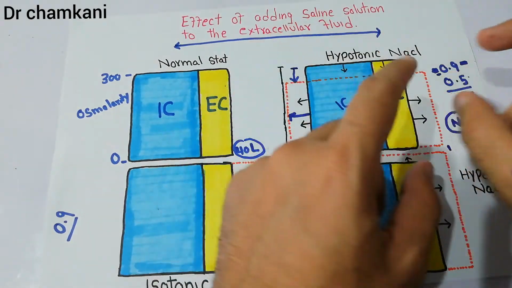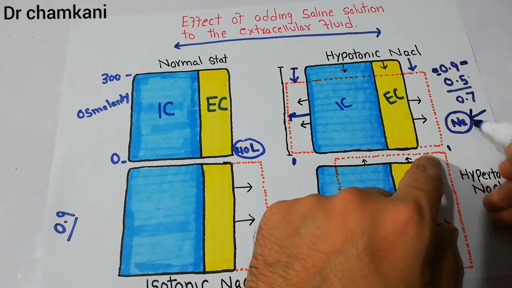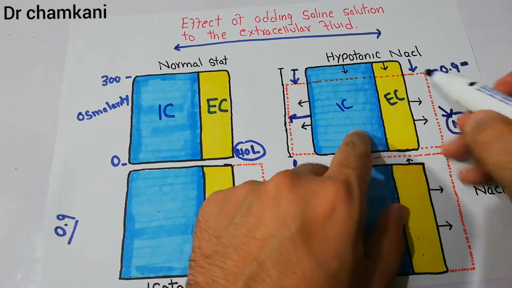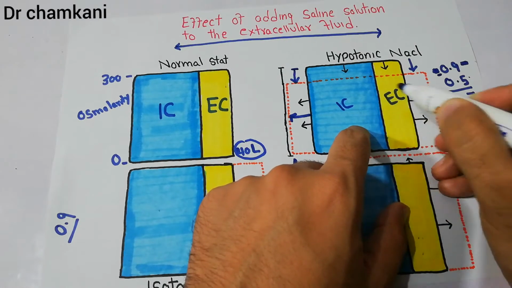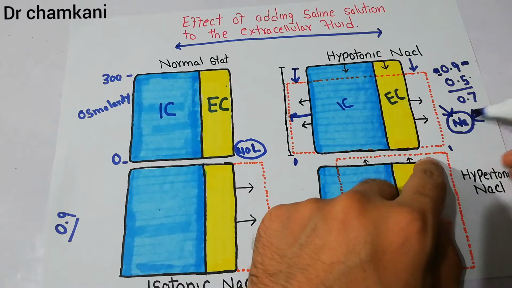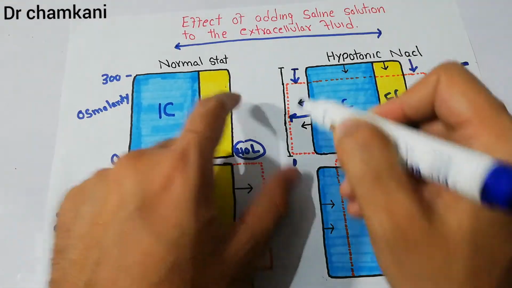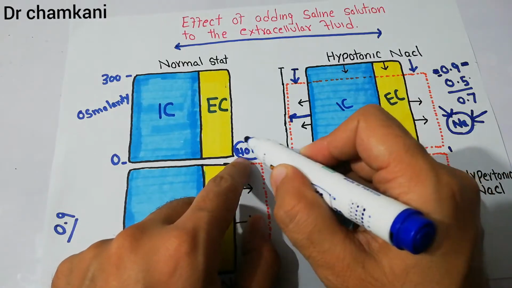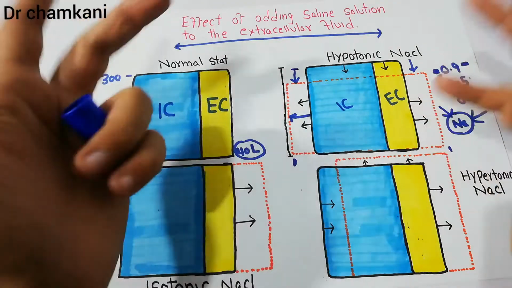They become concentrated compared to the fluid outside. So fluid from outside starts moving into the cell. Initially, it only increases the extracellular fluid volume, but slowly and gradually the water starts moving into the cell as well. So it increases the intracellular fluid volume as well, and the total volume increases to more than 40 liters. It may increase to 42, 44, depending upon the amount of fluid added.